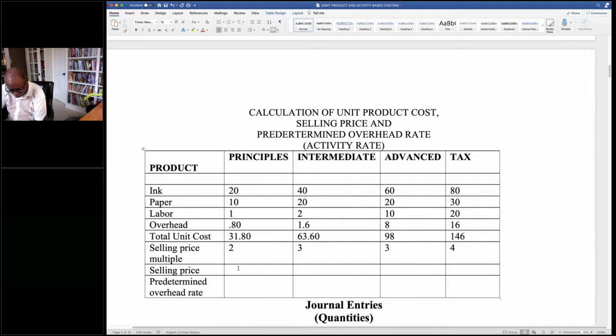And then we're going to get 190.80, 294, and 584.